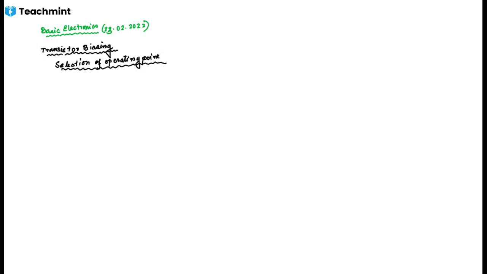For faithful amplification of an input signal, a proper or judicious selection of operating point is of utmost importance. For precise, error-free amplification and switching application in a transistor circuit, we know this biasing. So for faithful amplification of the input signal, we have to select an operating point which is very important.